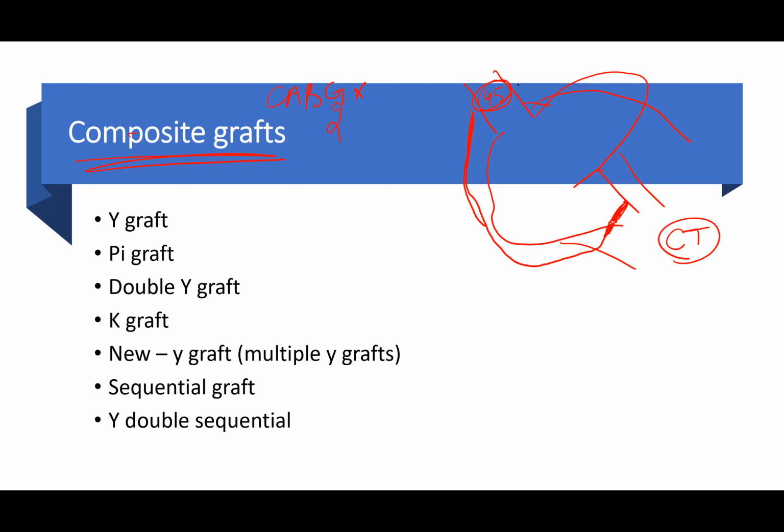Anyway, I wanted to go over these different grafts. So what is a Y graft? A Y graft is an older technique, the classical Y graft, which means you put a graft like this. Sometimes it's called a T graft or Y graft.